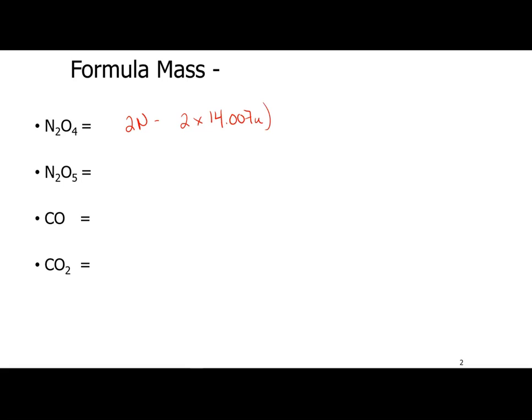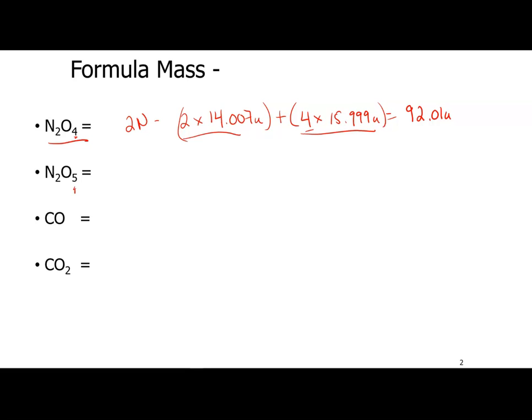We're also going to add the 4 from the 4 oxygen times the 15.999 units. And if we multiply these values together and then add them, we should get 92.01 atomic mass units. So that's the formula mass for that whole entire thing.